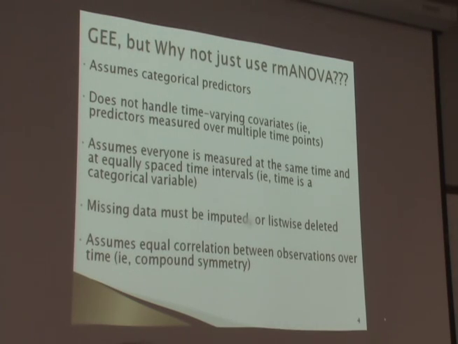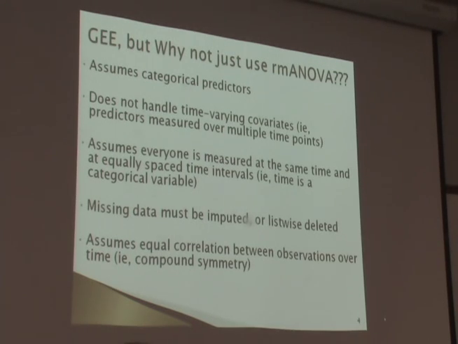In ANOVA, time is treated as a categorical predictor, and what that means is that it assumes that everyone is measured at the same time point, and that that time is in equally spaced intervals. As far as missing data is concerned, you either have to impute it or it's listwise deleted in a repeated measures ANOVA.